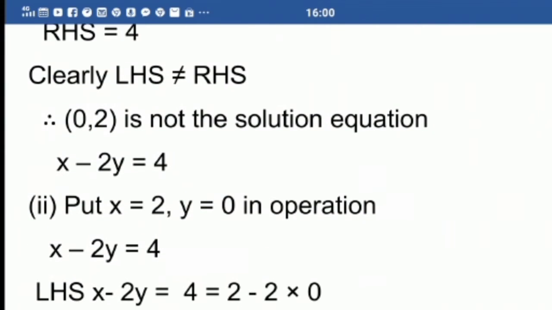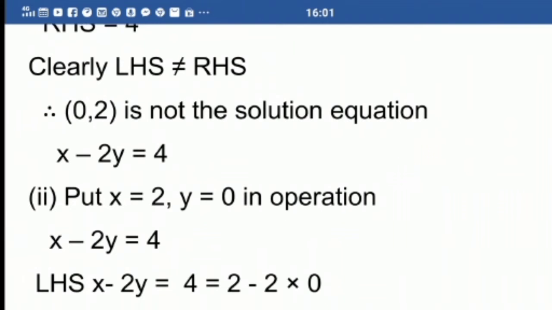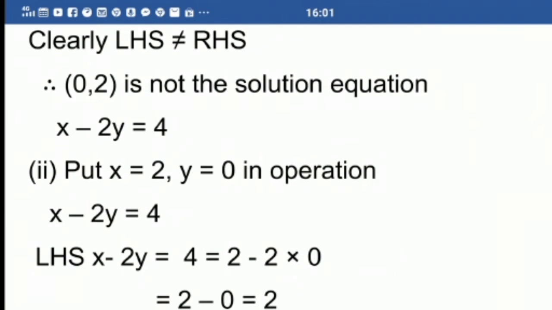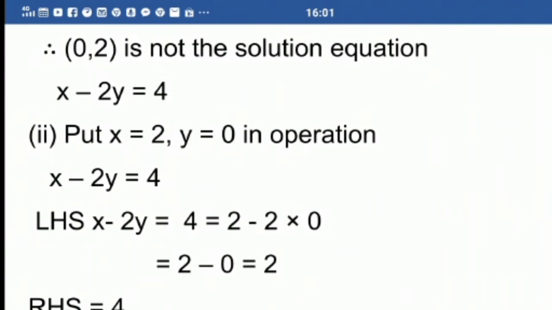Look at the second question. Put x is equal to 2 and y is equal to 0 in the equation x minus 2y is equal to 4. LHS is x minus 2y.